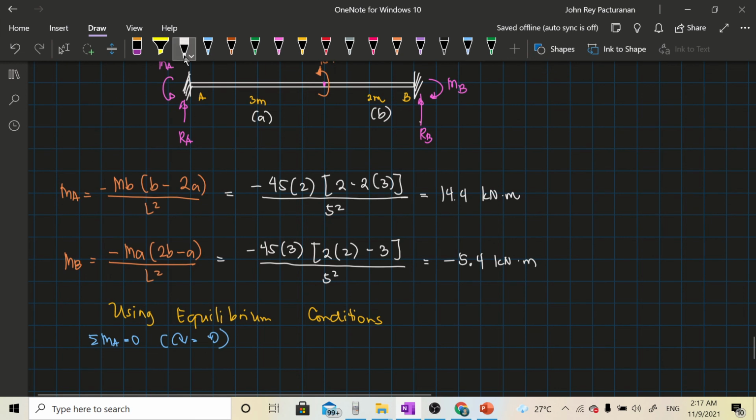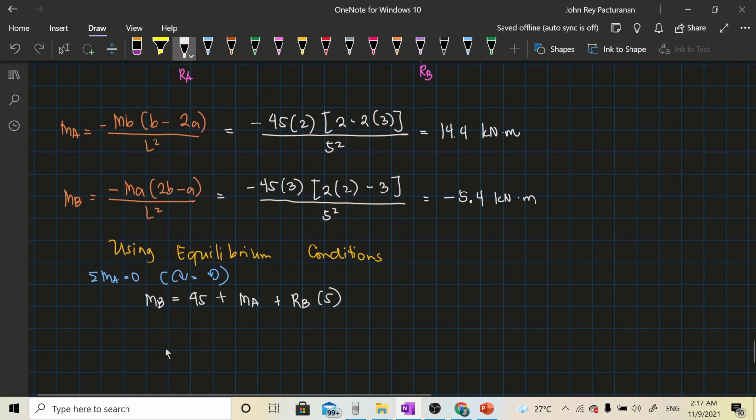So, here, MB is equal to, yung 45 is a counterclockwise, yung ating MA is a counterclockwise, then yung RB multiplied by 5 is a counterclockwise. So, pag sinubstitute natin siya, this will be negative 5.4 equals to 45 plus 14.4 plus 5 RB.